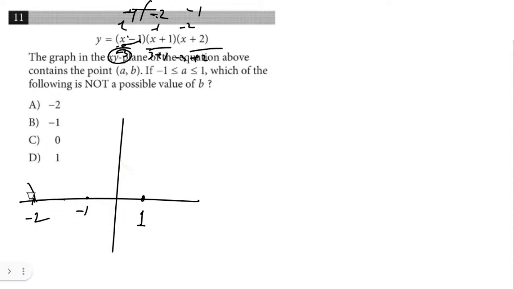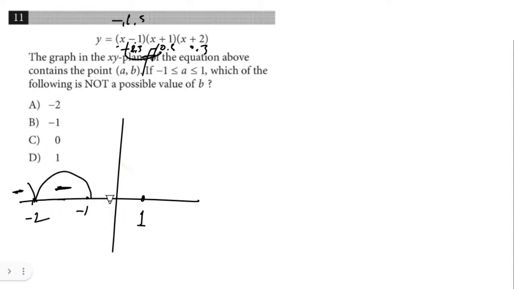Then let's put a number between -1 and -2. Let's put -1.5. So this is -2.5, this is -0.5, and this is 0.5. This multiplied gives us positive, multiplied by positive. So here it's positive.